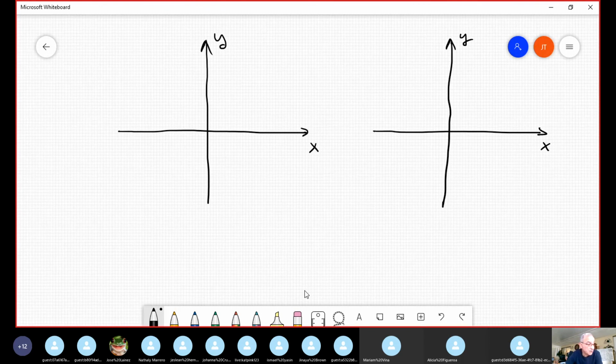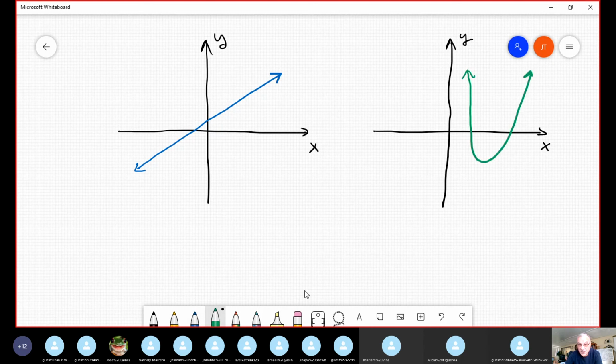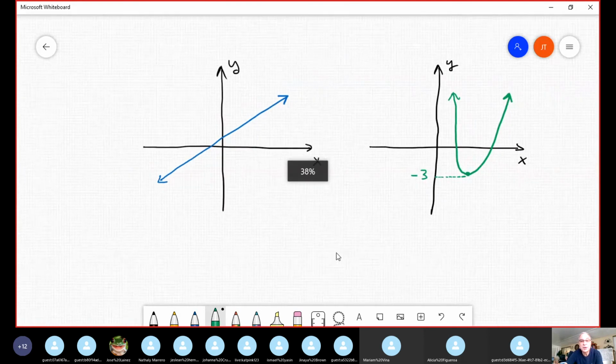Suppose the first scenario is a line. Suppose the function is a line, like that. Suppose the second is a parabola, like that. And by the way, this point is extremely important, it is -3. And the question is, look at the graph.